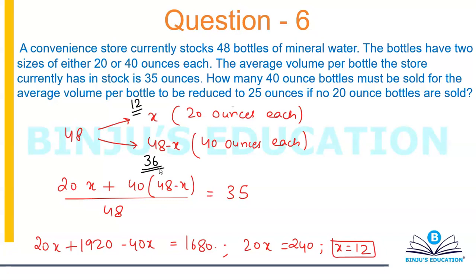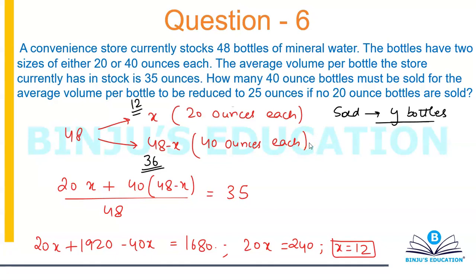Alright, so let's say we have sold y bottles. If we have sold y bottles, then basically what I mean to say is that when we have sold y bottles, my average has come down to 25 ounces.